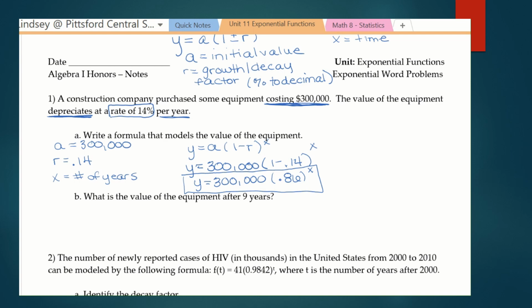So to go to part B, what is the value of the equipment after 9 years? So this means I'm going to plug in an x value of 9. So going ahead and doing that, 300,000 times 0.86 raised to the power of 9. I'm going to go ahead and plug this into my calculator.